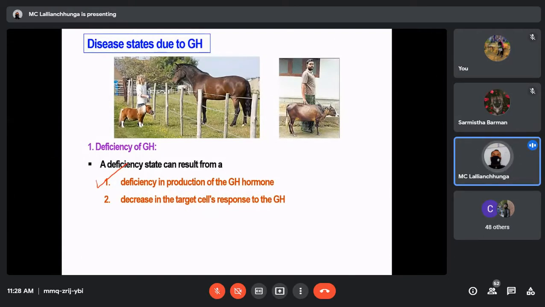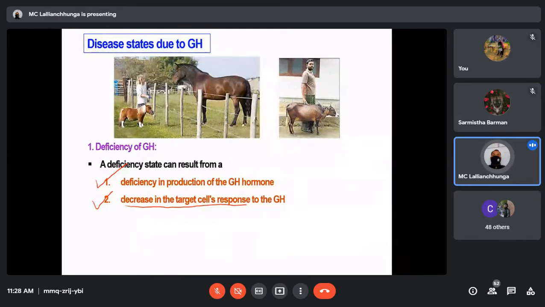Point number two, another possibility is there might be a decrease in the target cells' response to growth hormone. That means the sensitivity of the target cell is reduced, although growth hormone secretion from the pituitary gland is normal and the level in the blood is normal.